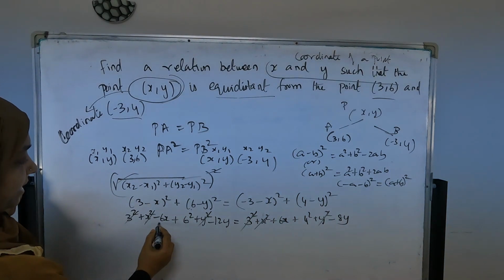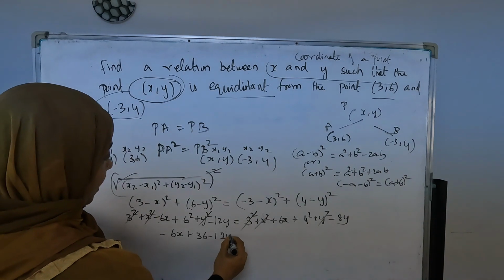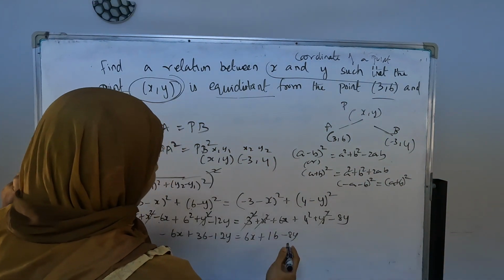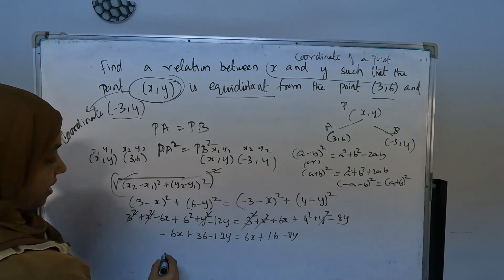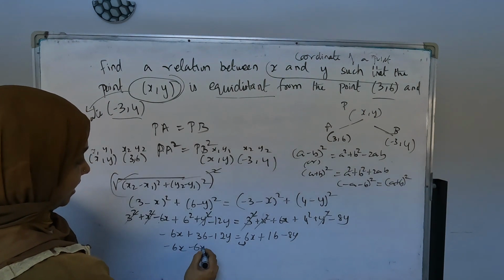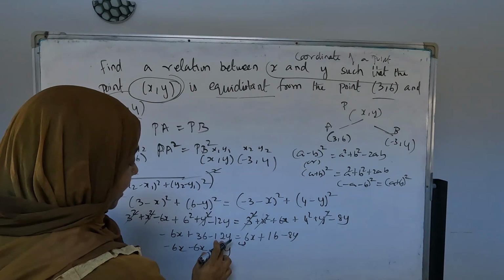Now we will write minus 6x and 6 6s are 36 minus 12y, and here 6x plus 4 4s are 16 minus 8y. Then move everything to one side. Minus 6x, this plus is coming to this side as minus 6x. While writing itself, like terms we are combining and writing minus 12y.